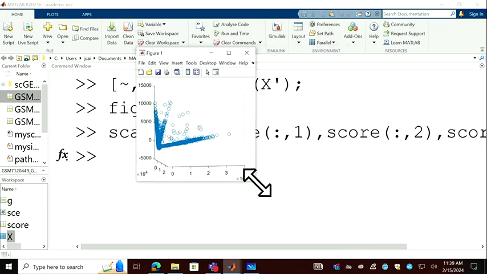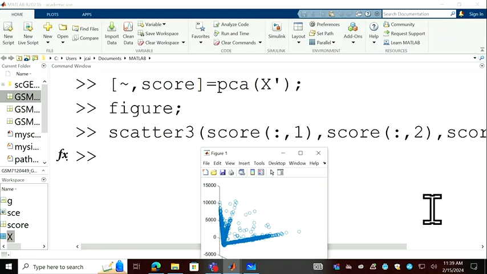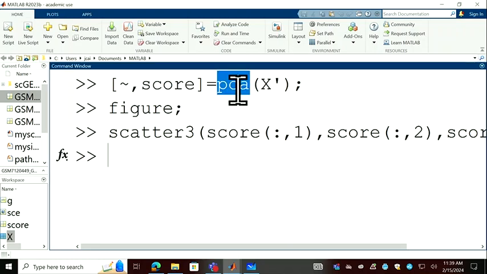Excuse me, can you explain why we need to transpose the X again? Because by default, this built-in function asks for a matrix with rows as the samples and columns as the variables that define those samples. However, our UMI matrix, the big X, was defined as gene by cell. But we want to use cells as samples, so you transpose it, put the cells in the rows and the genes in the columns.